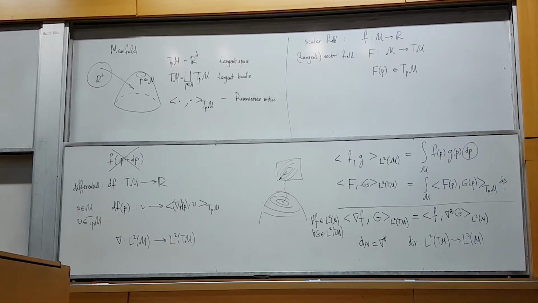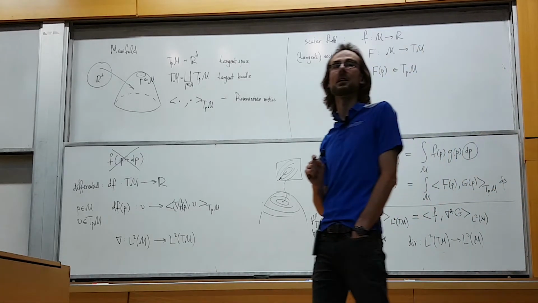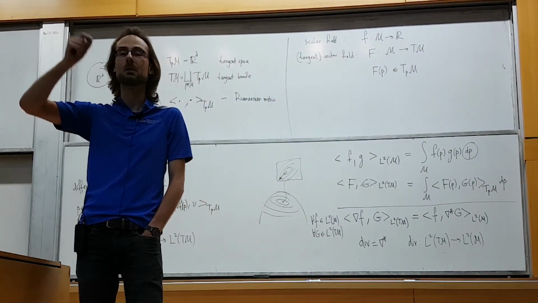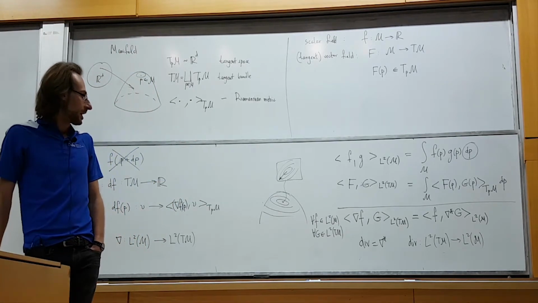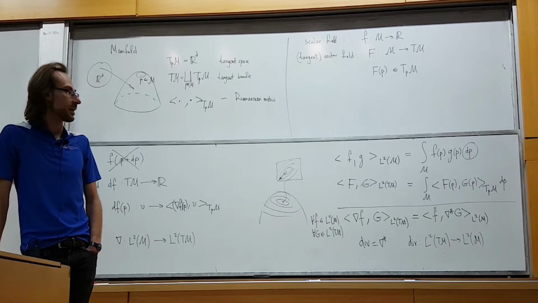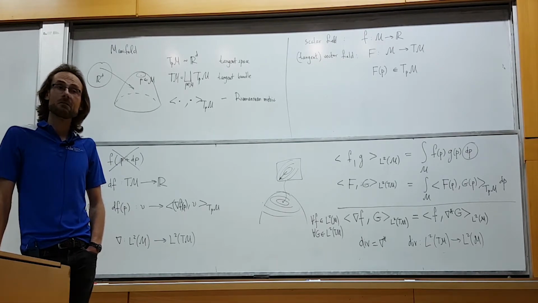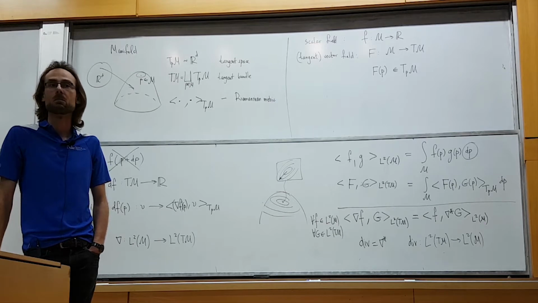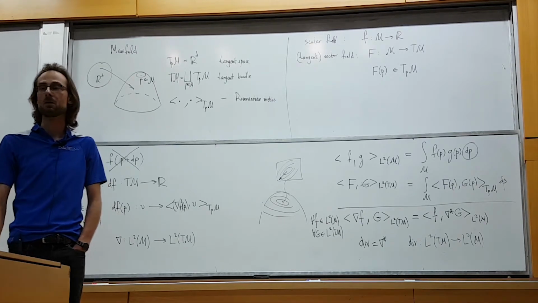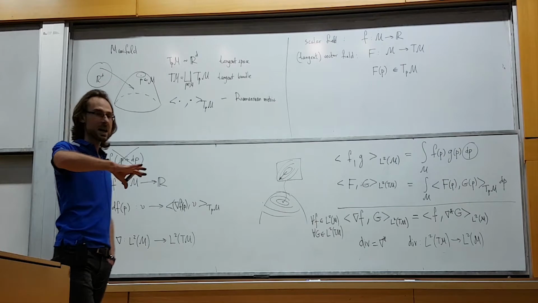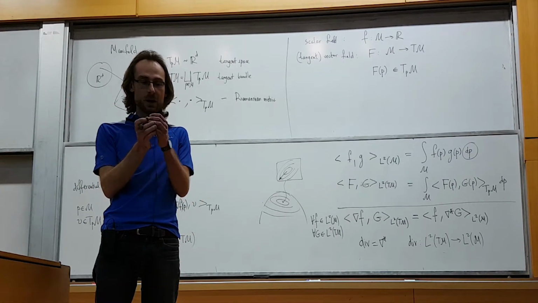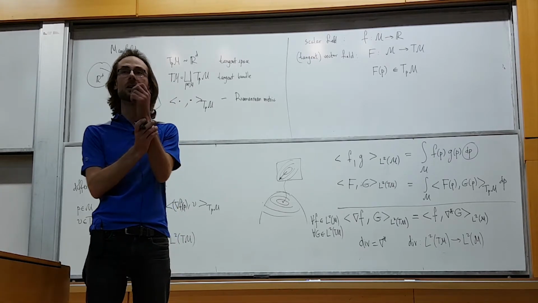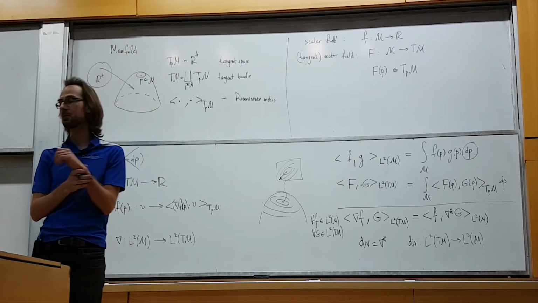The gradient physically means the direction of the steepest increase: it takes a scalar field and maps it to a vector field. The divergence does exactly the opposite. It takes a vector field and maps it to a scalar field. If I interpret a vector field as the flow of some matter, let's say some liquid on the manifold, the divergence measures the net flow going through an infinitesimal sphere surrounding a point. So this is the physical interpretation.